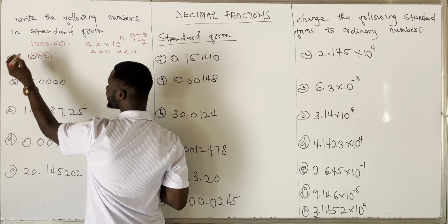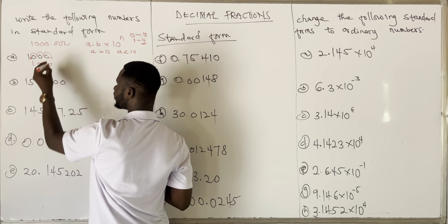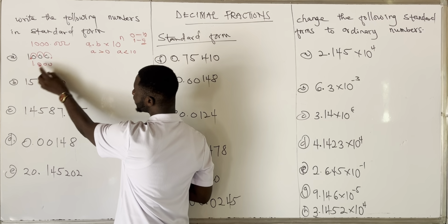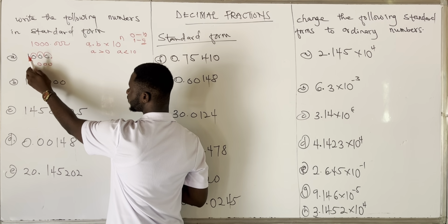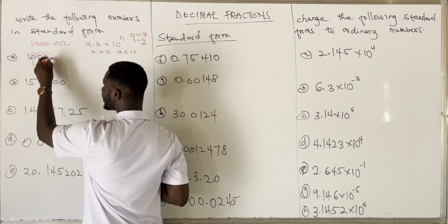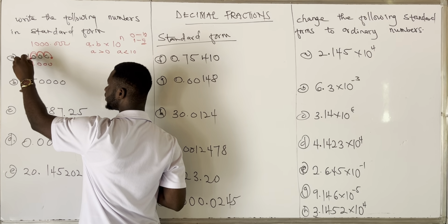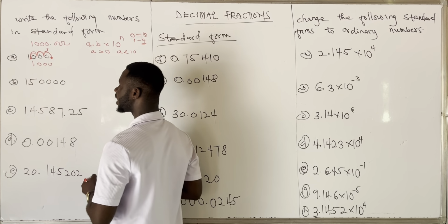If I move it here, I am going to get 1.000. Now our a is less than 10, but greater than 0. How many times did we move our point? The point was initially here, and we moved it 1, 2, 3 to this side. We moved it 3 times.